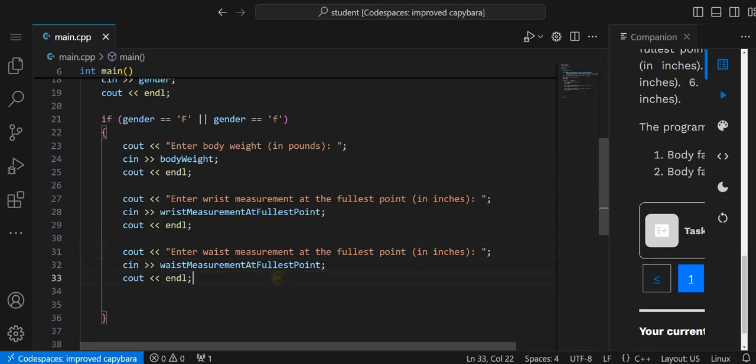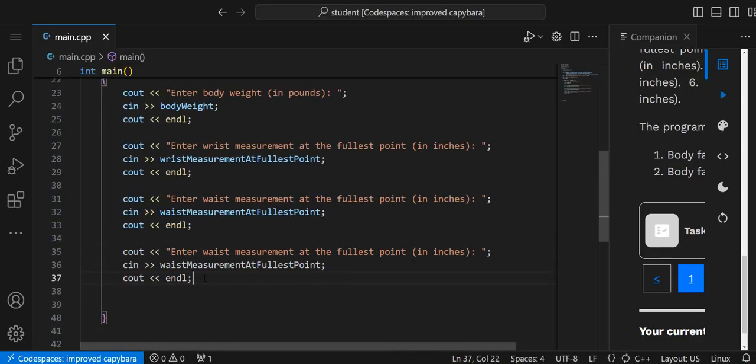Alright, so we changed that to waist measurement at the fullest point. And let's see, let's go wrist, waist, hip. Hip measurement at the fullest point in inches. And we're going to do hip here.